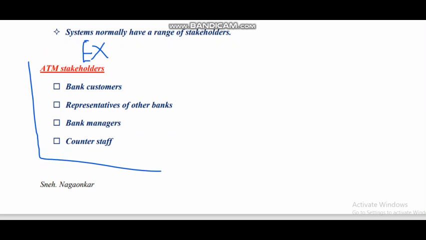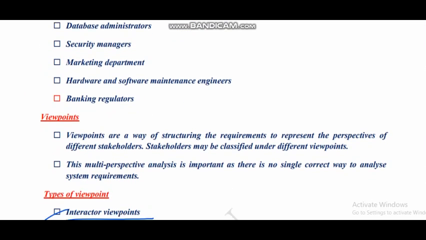Please go through these different kinds of users. By taking these different kinds of users, you will come to know their different views. What are the views of different kinds of users? That is nothing but the viewpoint.